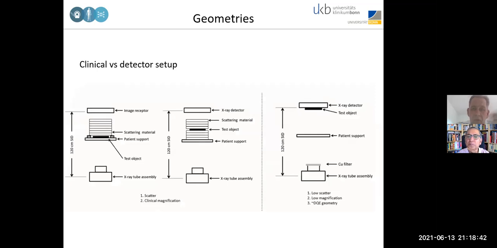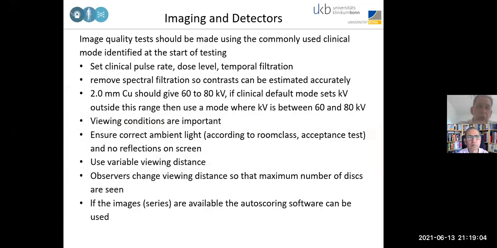What we recommend is a clinical setup and a detector setup. In the detector setup you look at the detector quality, and the other is more for the clinical quality, either with the phantom or just with the test object directly close to the X-ray detector on the right-hand side. Image quality should be assessed using the commonly used clinical protocol.